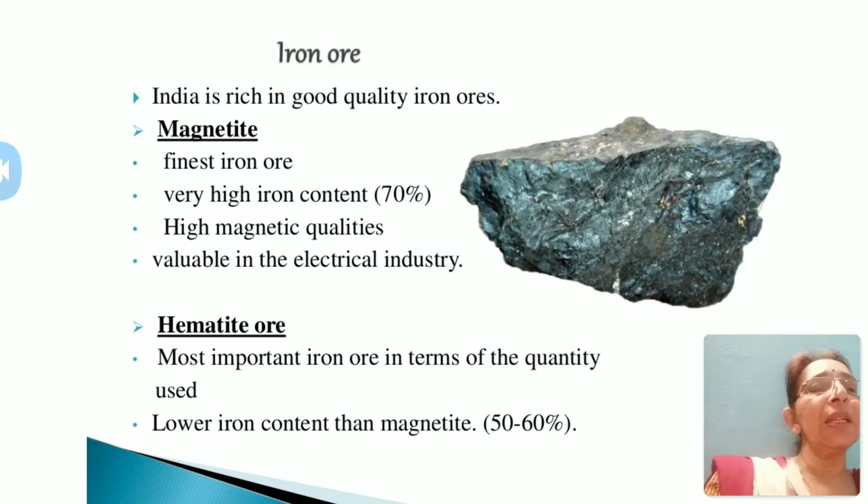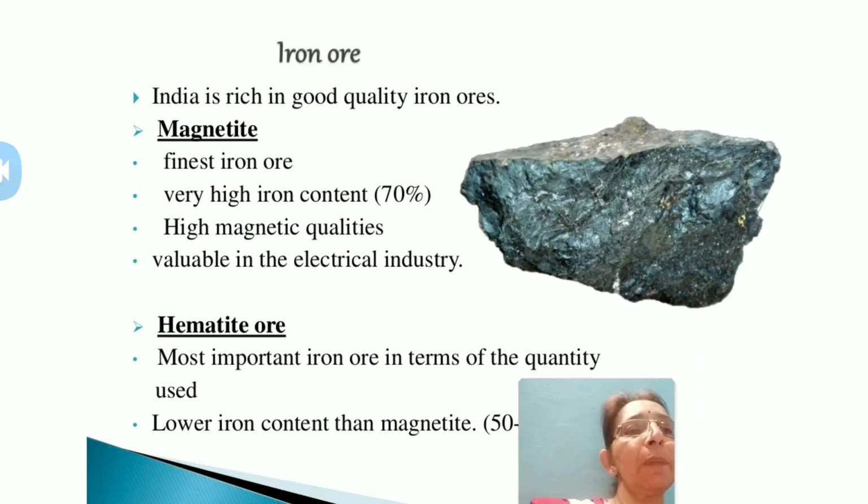Magnetite is the finest iron ore with very high iron content, about 70%. It is valuable in the electrical industry. Hematite ore is the most important iron ore in terms of quantity used. It has lower iron content than magnetite, that is 50 to 60%.